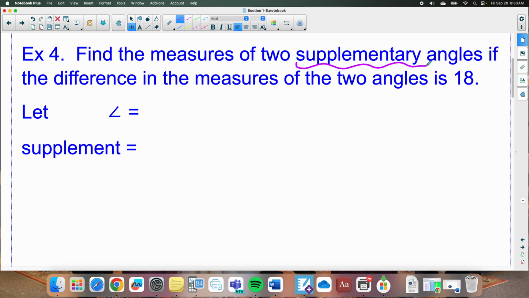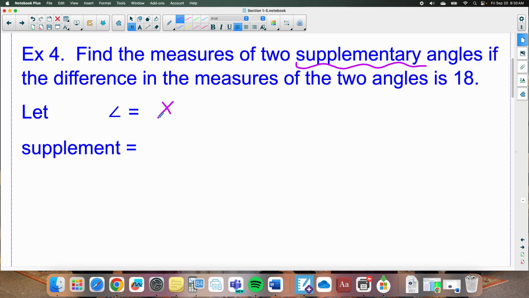So if it says supplementary angles, you guys know that means they add up to 180, correct? What we're always gonna do is let our first angle be X, okay? What do two supplementary angles add up to? 180, right?